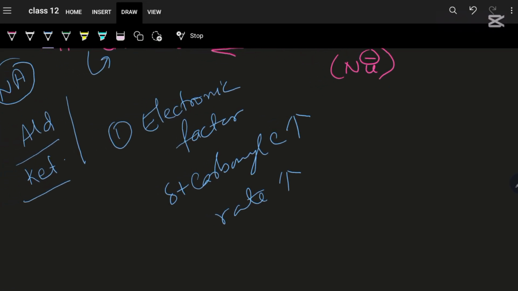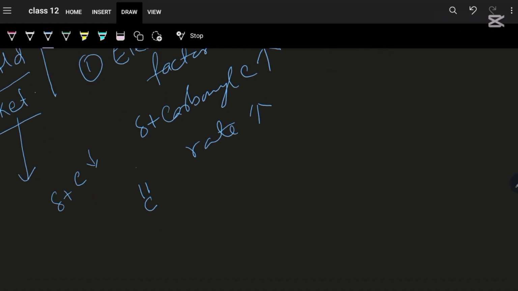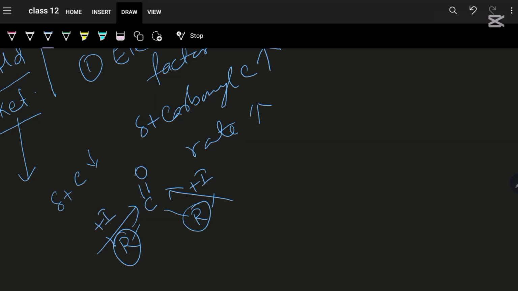If I say ketone, then in ketone the delta positive character of carbon is less. Why? Because in ketone there are alkyl groups that are actually having plus I effect. On account of the plus I effect, it reduces the delta positive character over the carbonyl carbon and thus reduces its electrophilicity.